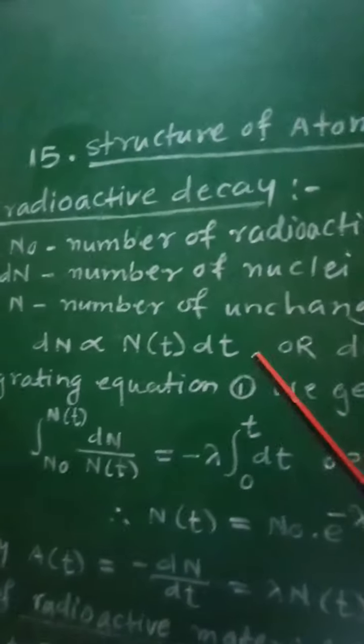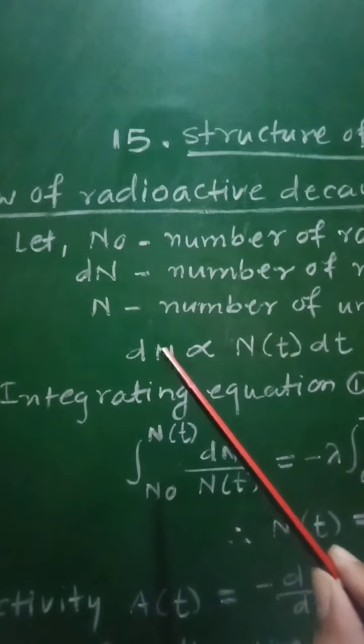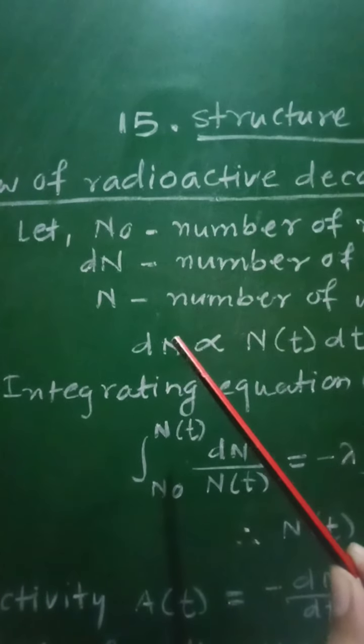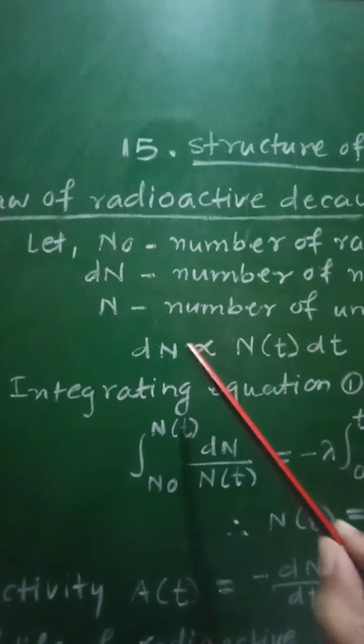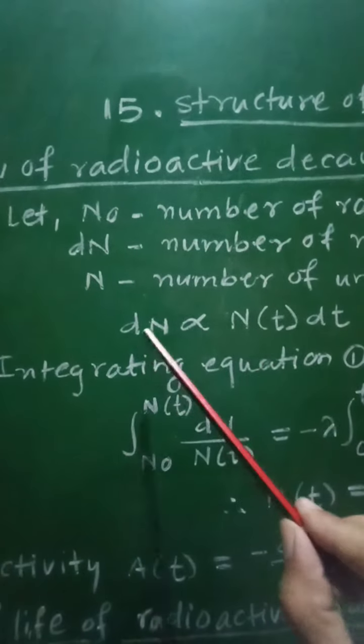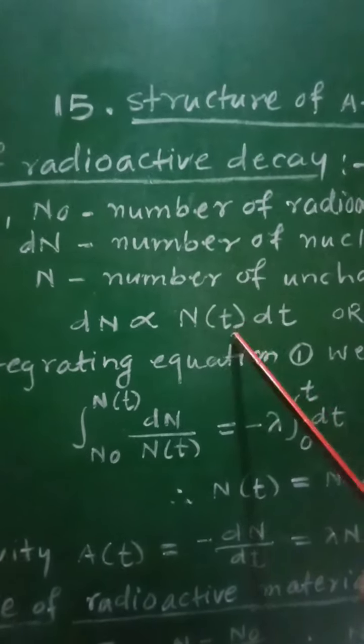Then we can say that dN, that is the number of nuclei undergoing decay, is directly proportional to this N, and therefore dN is directly proportional to N(t) dt.